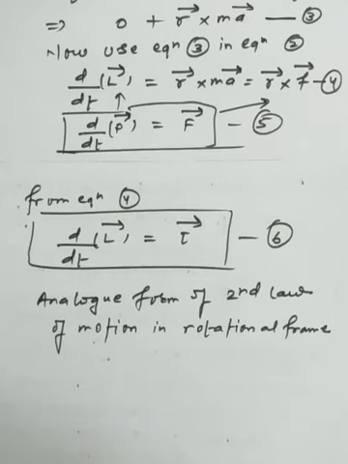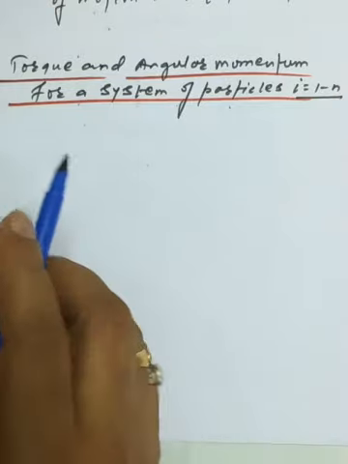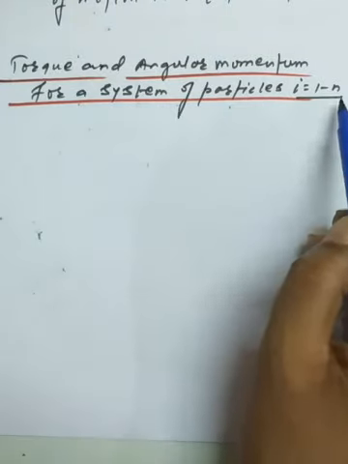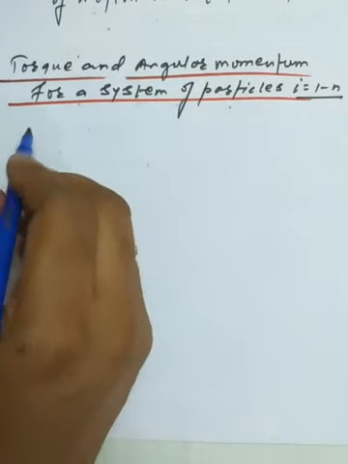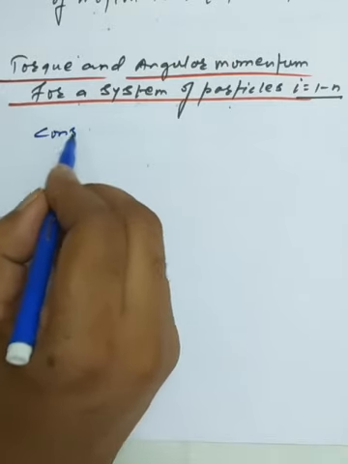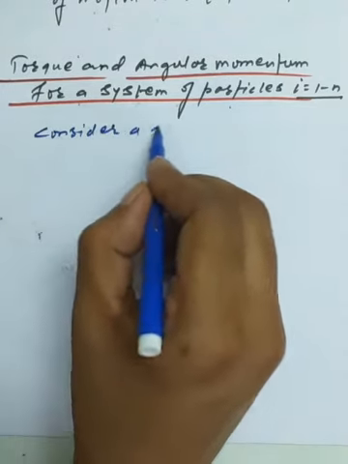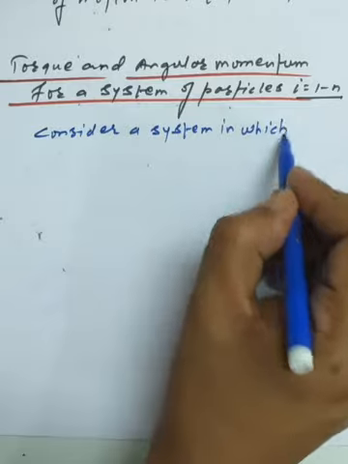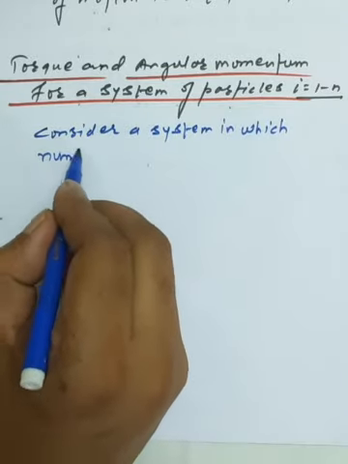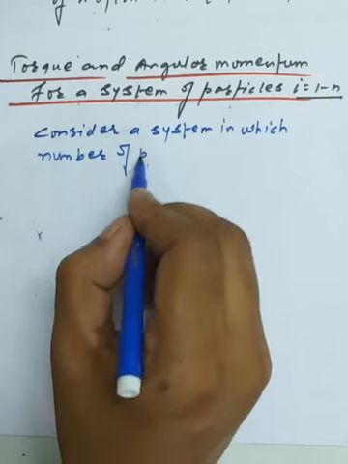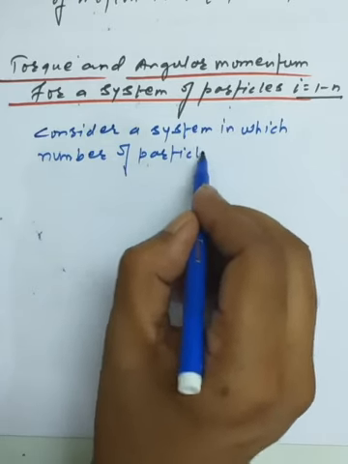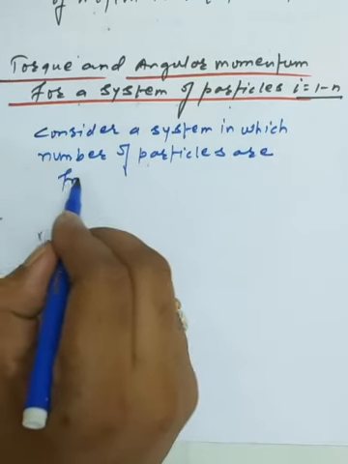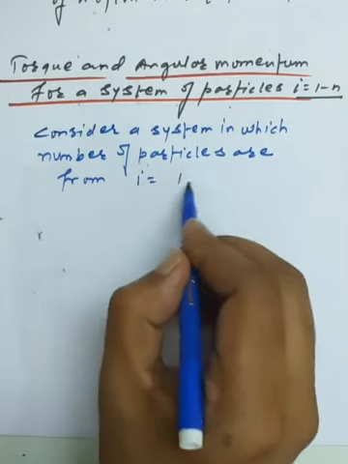Okay, so this is one of the basic required relations we have, and we will discuss many problems on this concept. Now dear students, we have the next topic, that is torque and angular momentum for a system of particles where i is equal to 1 to n. Okay, now we can consider a system in which the number of particles are from i equal to 1 to n.